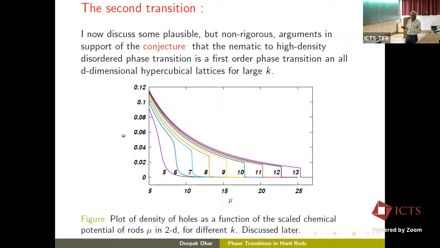Instead of density of particles, you look at the density of holes. As you increase mu, for 5, 6 there is a smooth curve, but later on it tends to be sort of a jump. This is the behavior which is what we expect, or this is what we will try to show. As you increase k, the transition occurs at a higher value of mu, and the size of the jumps becomes smaller.